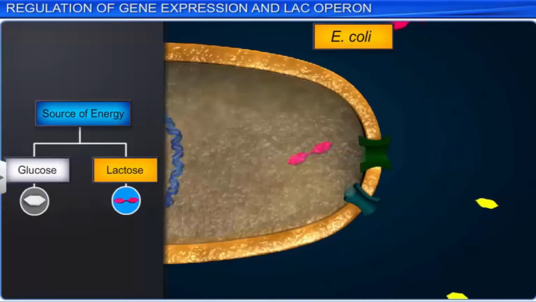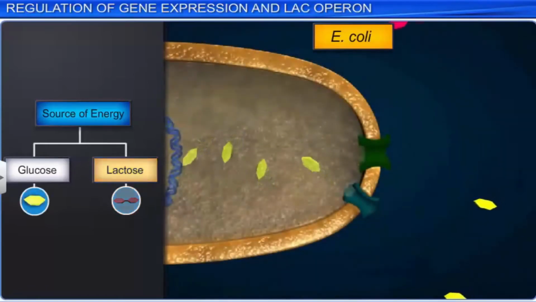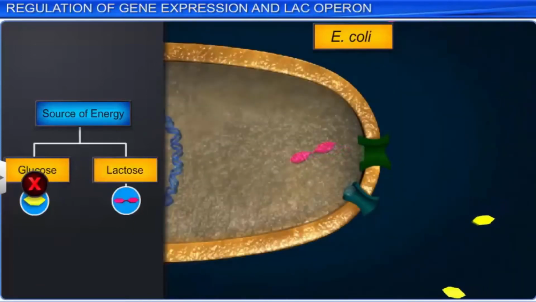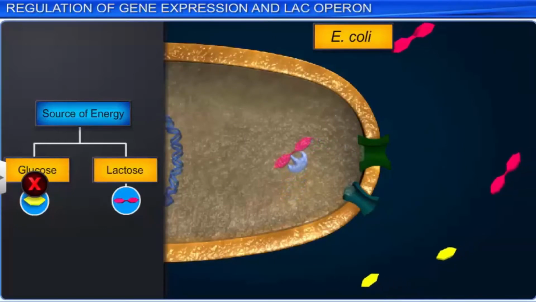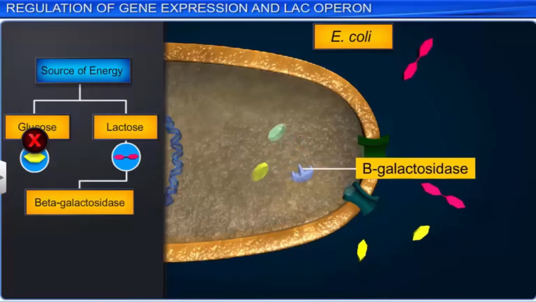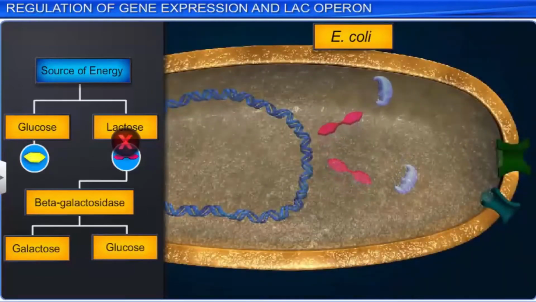However, lactose needs to be hydrolyzed or digested before it is used, and hence the bacterium prefers to use glucose when it can. But in the absence of glucose and presence of lactose, E. coli synthesizes an enzyme, beta-galactosidase, to catalyze the hydrolysis of lactose into galactose and glucose. However, in the absence of lactose, the bacteria will not synthesize the enzyme beta-galactosidase.